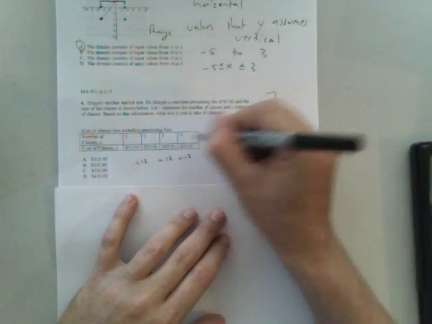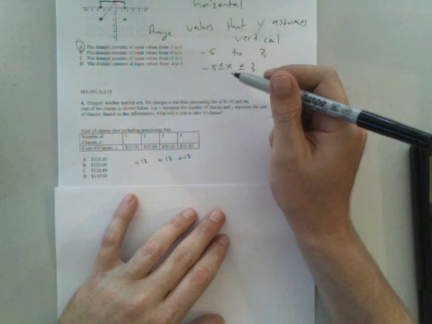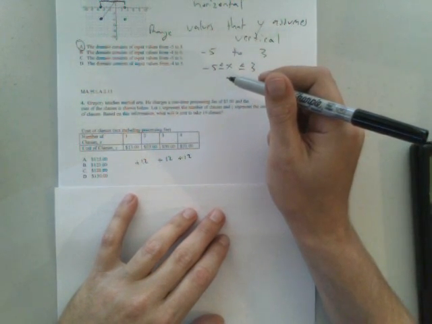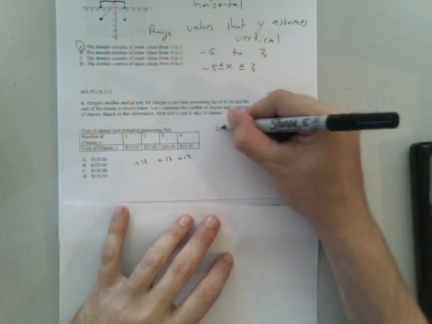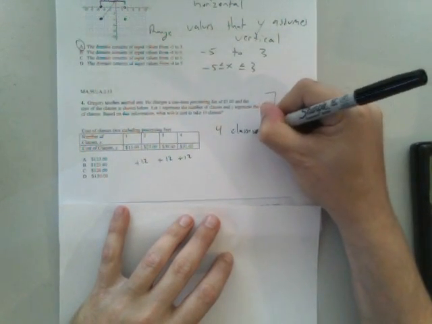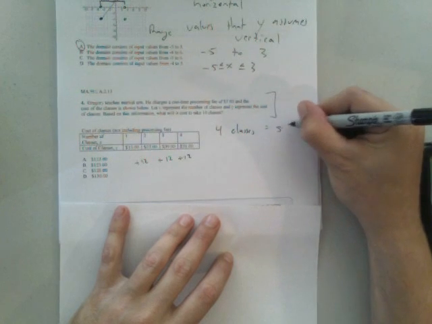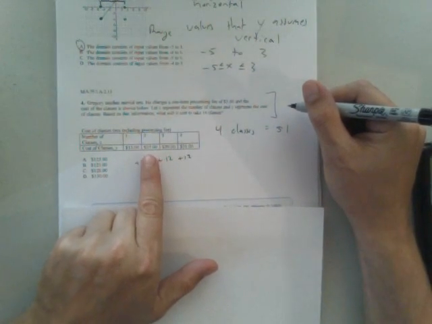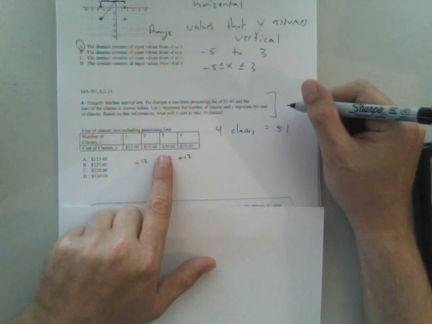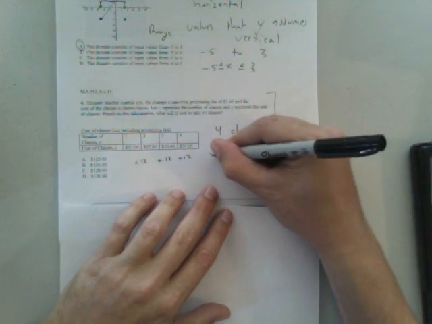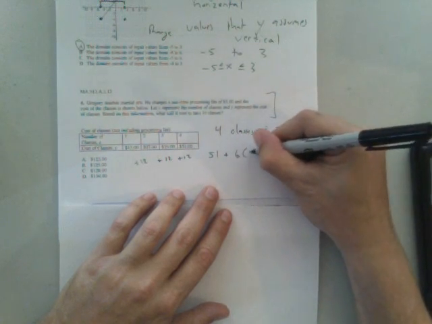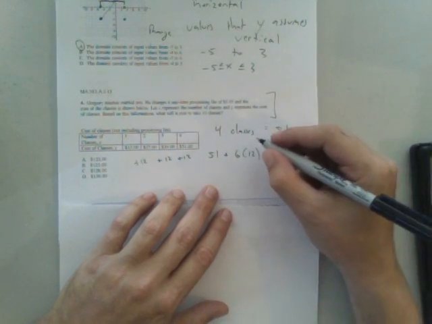Based on this graph, what will it cost to take 10 classes? Well, 4 classes equals $51. So I need 6 more classes. And based on this, after the first, each class is $12. So it's going to be 51 plus 6 times 12.